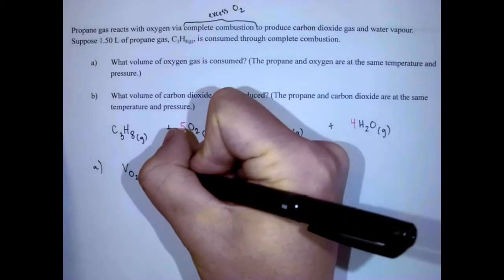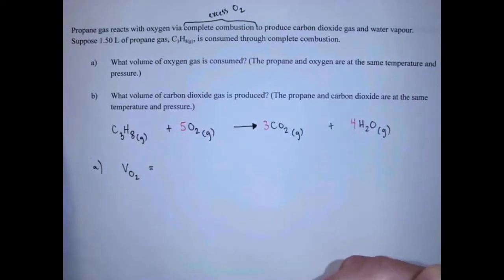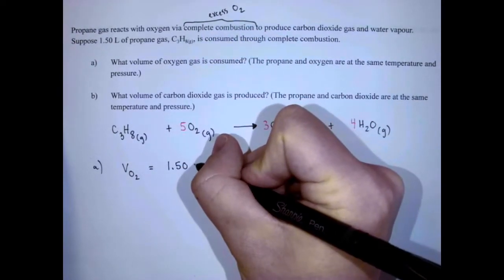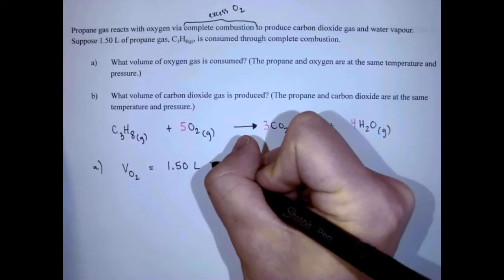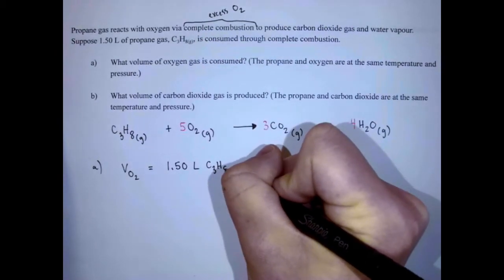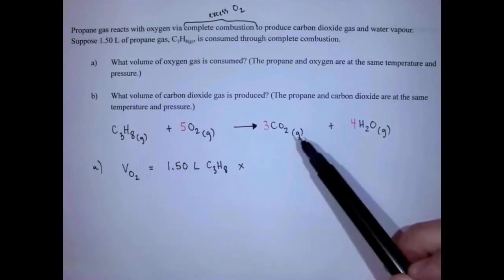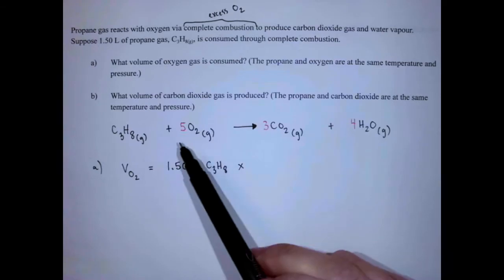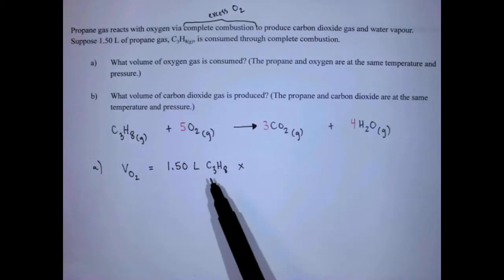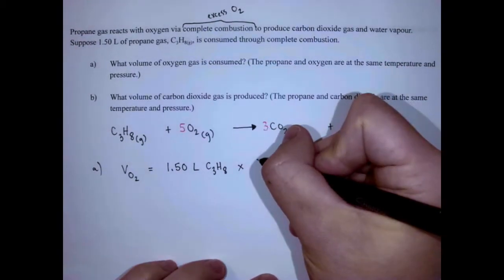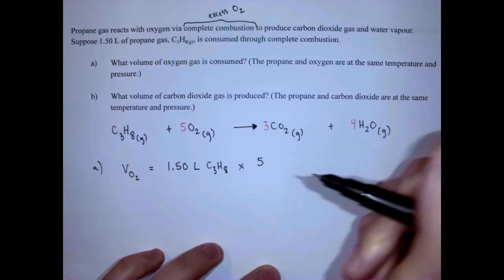Volume of O2 that's consumed in this reaction? Well, I start with 1.5 liters of propane, and here's where I'm going to use the mole ratio. Or, since it's the law of combining volumes, I can use this volume ratio, but it's going to be the same thing. It's because we're just using the coefficients. So how many liters of O2 are consumed for every 1 liter of propane?